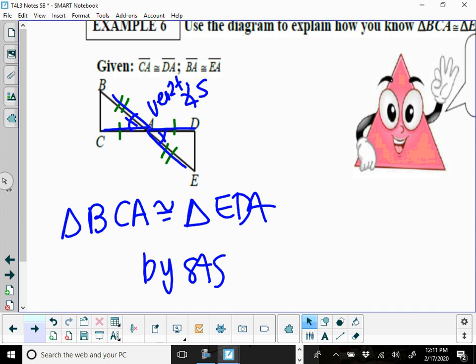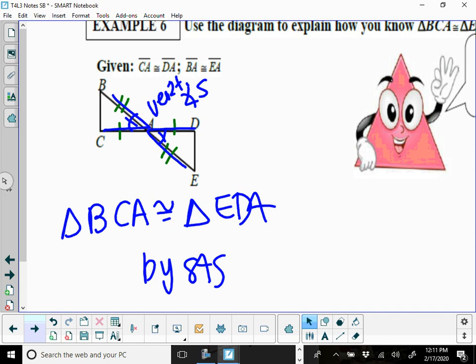You will turn that homework in tomorrow, and then you will have two worksheets. You'll have a worksheet and a quiz tomorrow. The quiz is just on side, side, side, and side angle side. I'm sorry, I take that back.